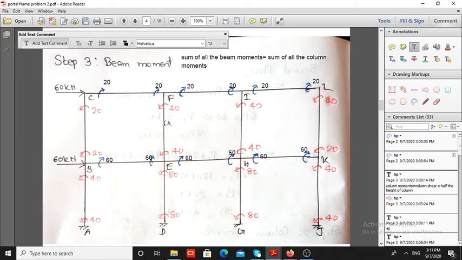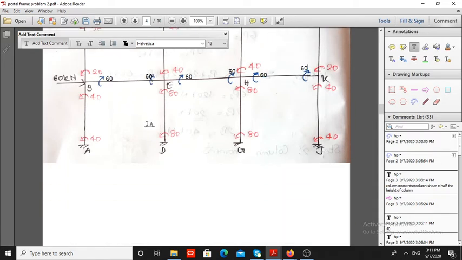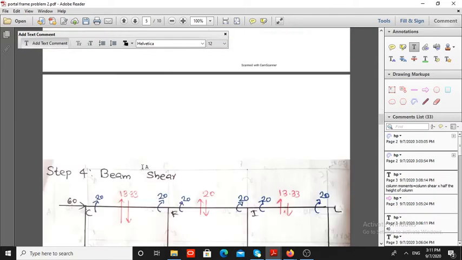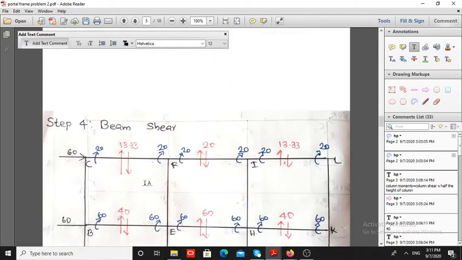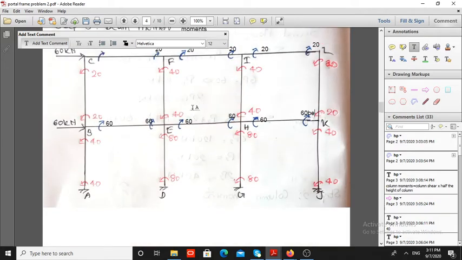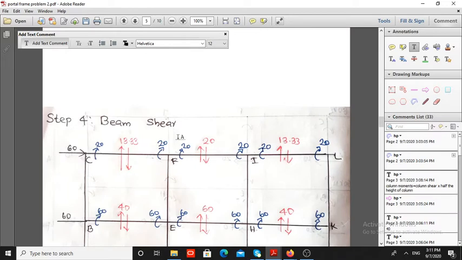Okay, now from the beam moments, find the value of beam shear. So here the equation is beam shear equal to beam moment divided by half of the span length of the beam.